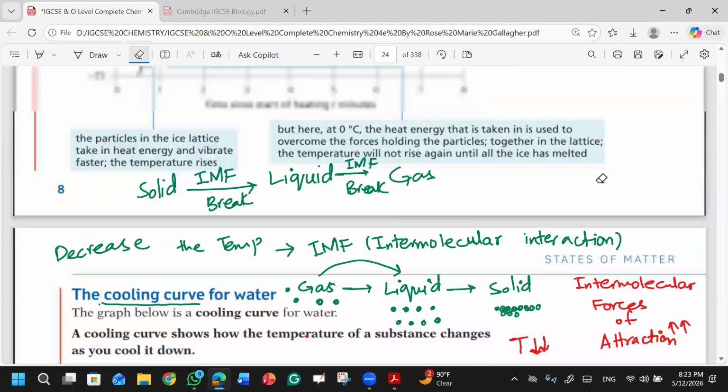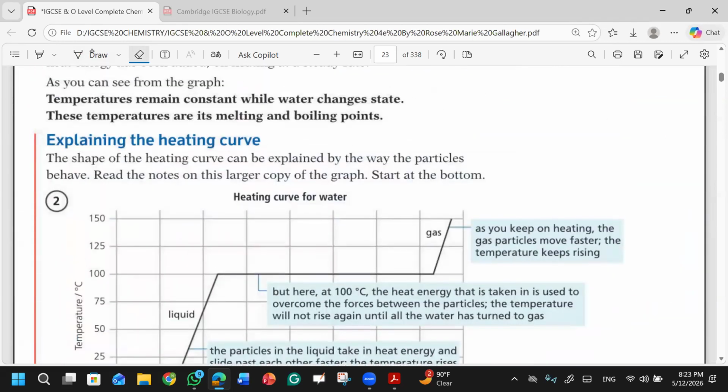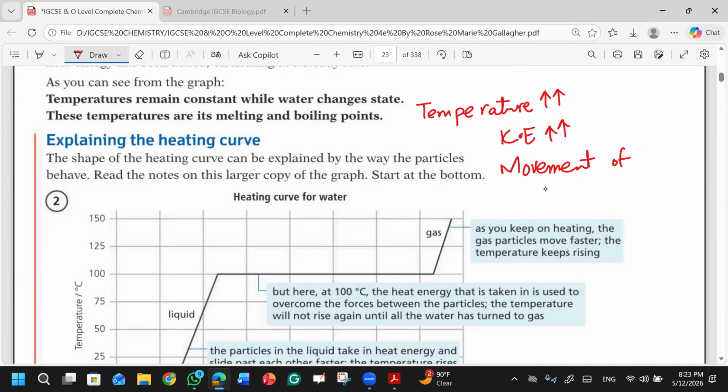Whenever you increase the temperature, the kinetic energy increases. And when kinetic energy increases, the movement of particles increases, right? Okay.